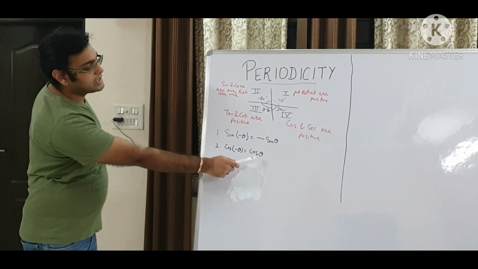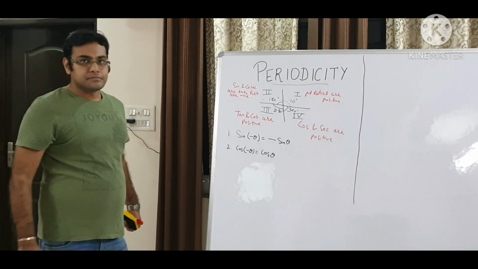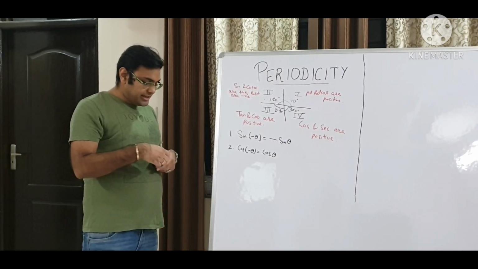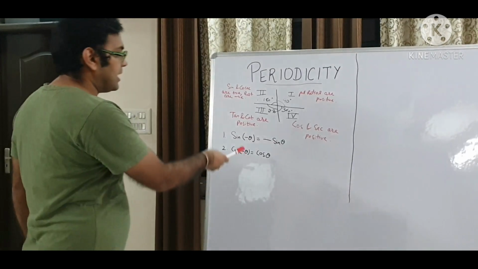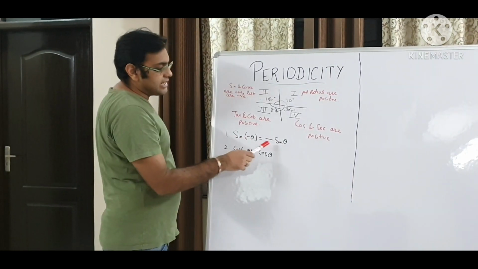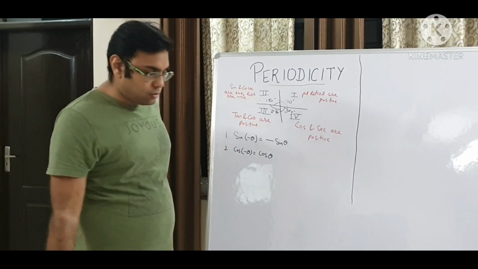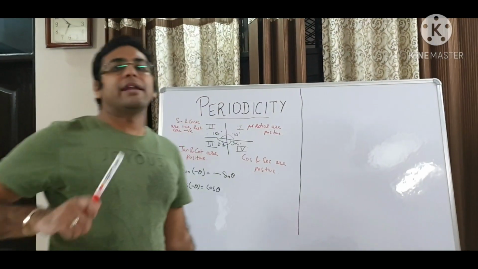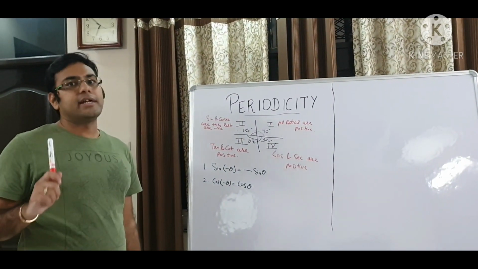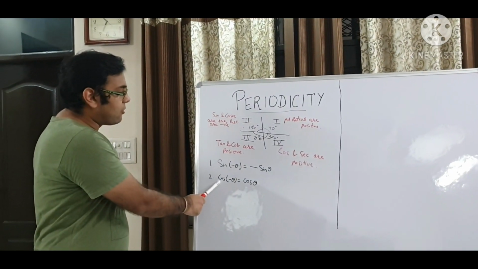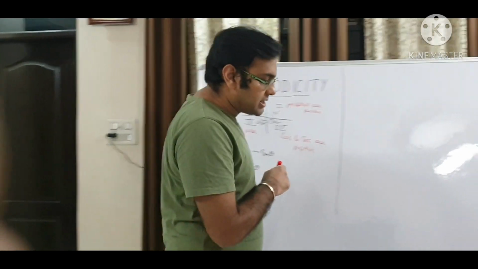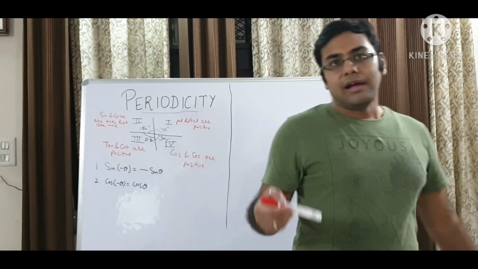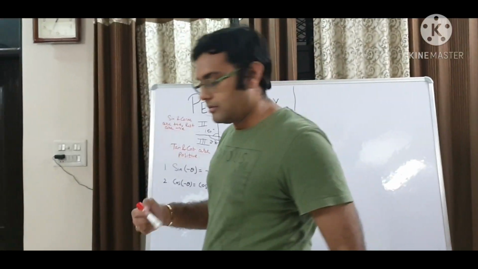Cos of minus theta is equal to cos theta. And by using these results, you can find the other four as well. How? If sine of minus theta is equal to minus sine theta, then cosecant of minus theta is also minus cosecant theta. Similarly, if cos of minus theta is equal to cos theta, then secant of minus theta becomes secant theta. And the same goes for tan and cot.